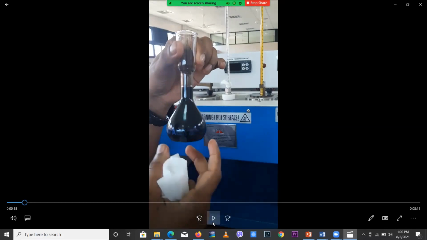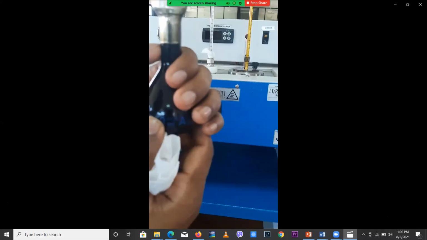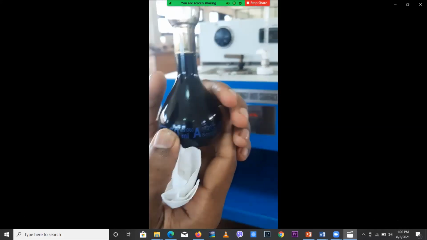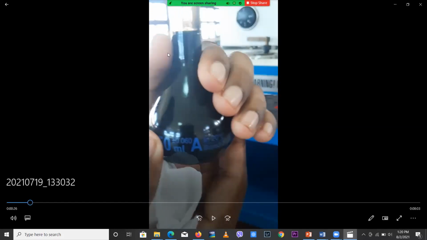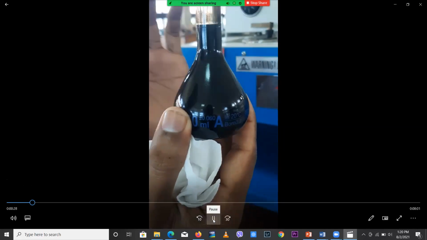The color changes because of dirt particles and other contaminants. We took a 50 milliliter sample of used oil here, you can see the level up to 50 milliliters.